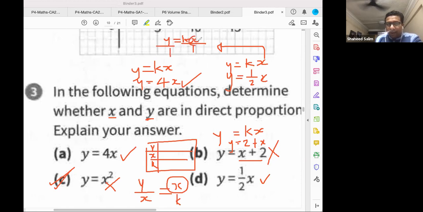I bring this x down here. What do I get? Y divided by x, I get k. I'm supposed to get k, but down here I take y divided by x, I get x. So that's why this is wrong. Cannot be. Okay, so only A and D are in direct proportion.